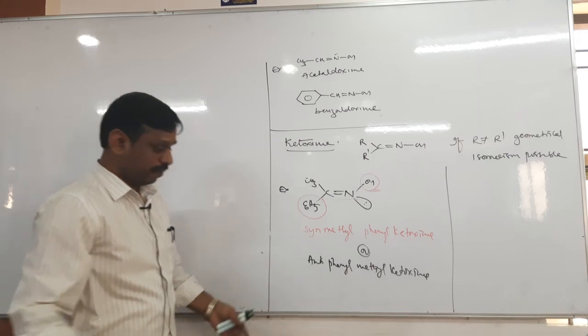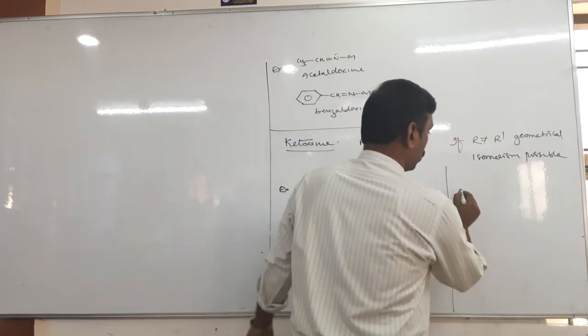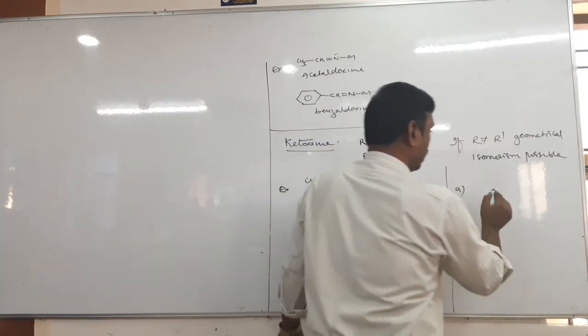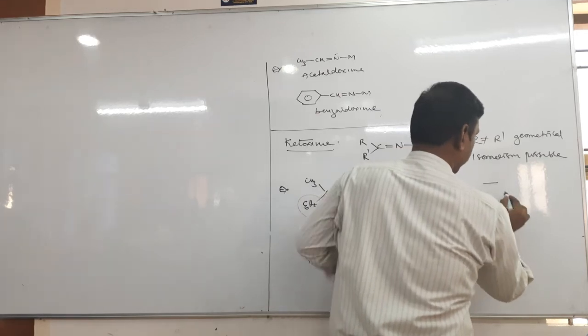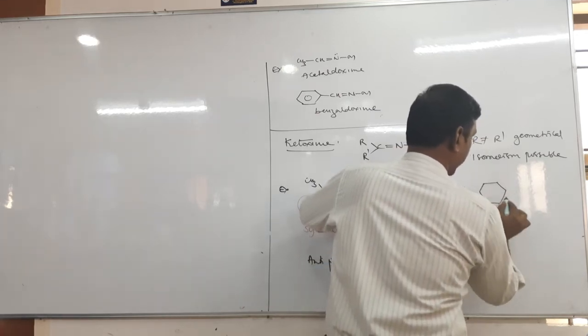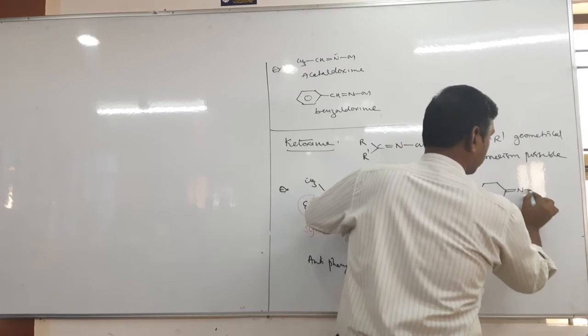Okay? Then, which of the following ketoximes do not exhibit geometrical isomerism? 1. Let us take cyclohexanone ketoxime.